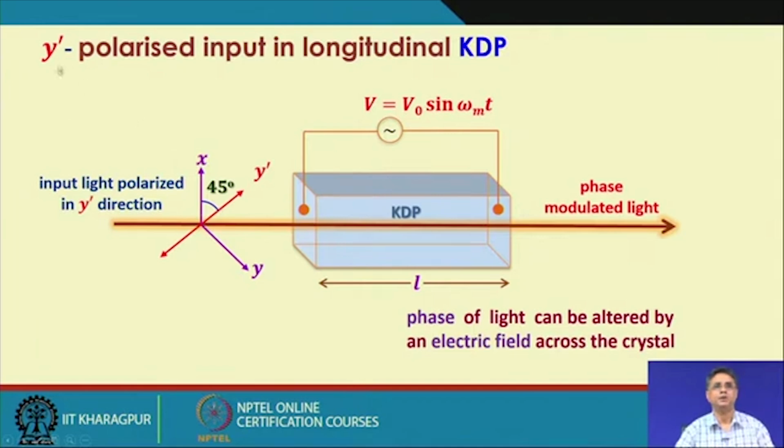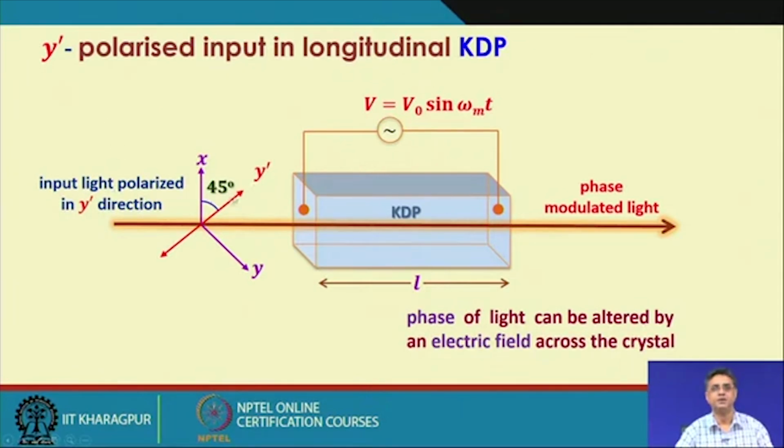Okay. Now, let us suppose that the polarization of the input light is along the y prime axis, that is, it is again at 45 degrees with the natural principal axes x and y, at 90 degrees with the x prime axis.